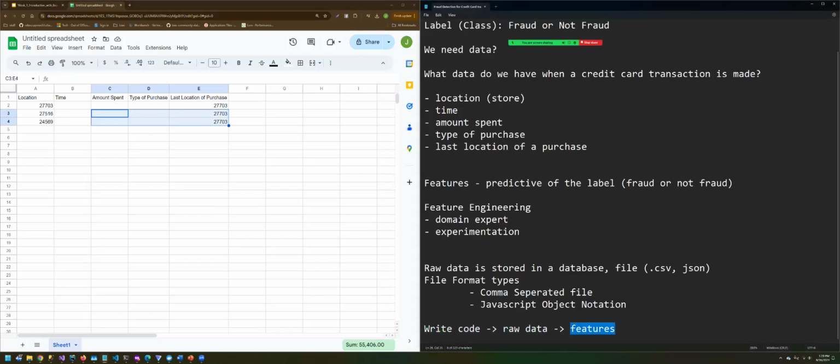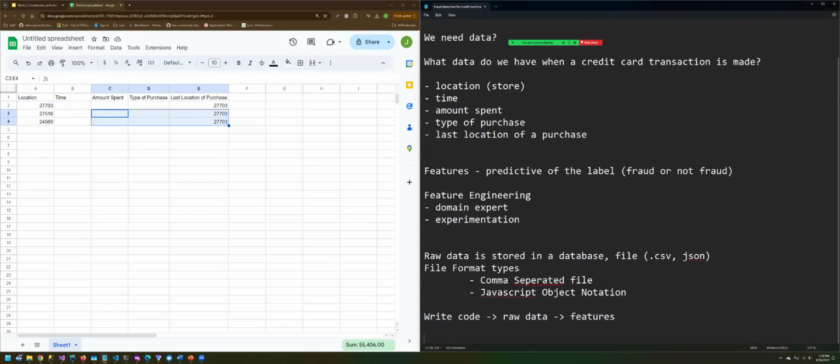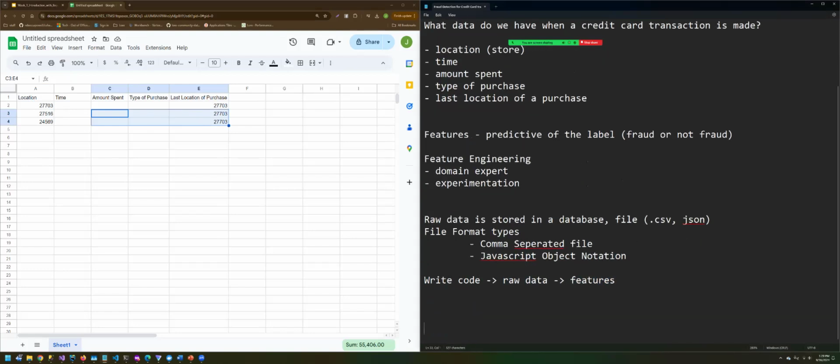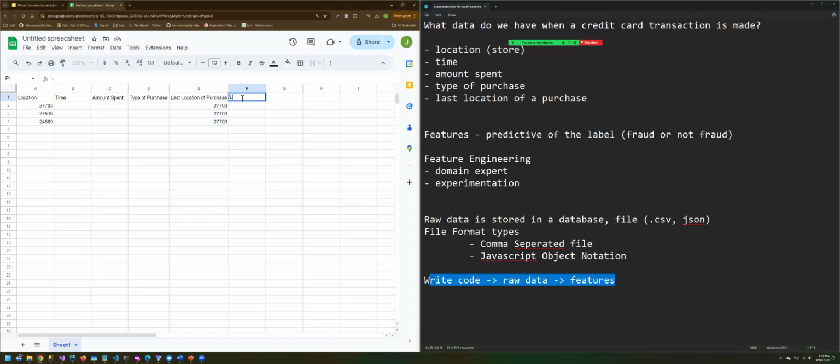And then after you have features with the raw data, don't forget the class label. So not fraud, not fraud, and let's call this one fraud. Typically you would have lots of data. That's where the term big data comes from.